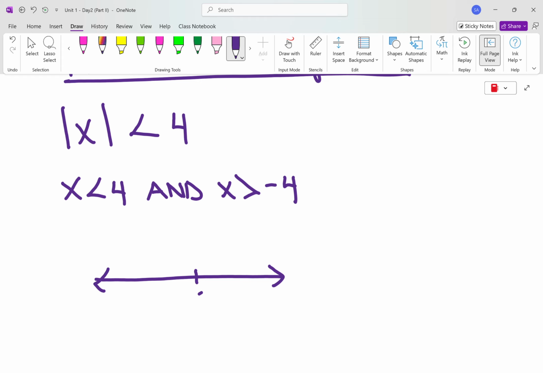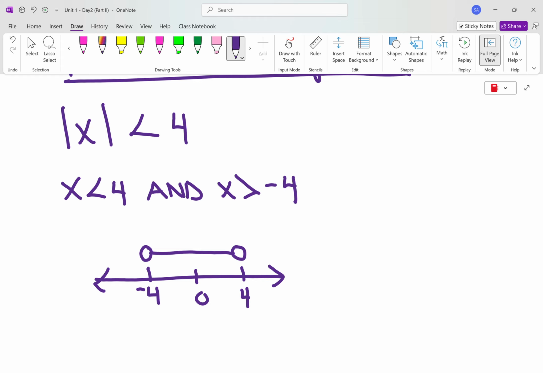So if I'm looking at the numbers that are greater than -4, but less than 4, that represents every number between -4 and +4. This would be the graph of our solution set.